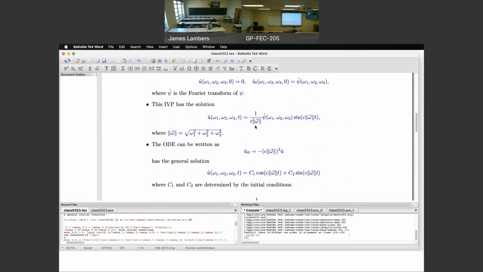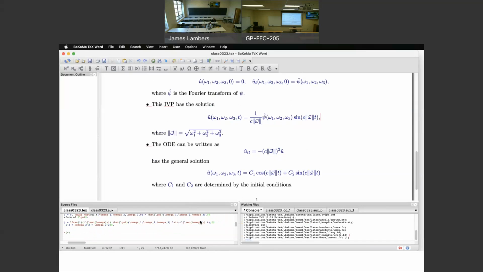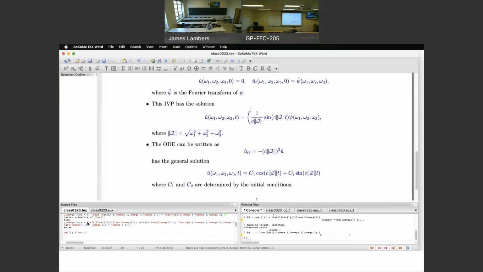I'm going to put this factor and then the sine together. And I'm going to put part of this in parentheses.